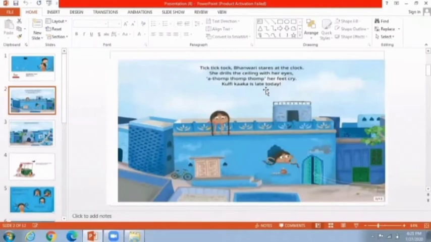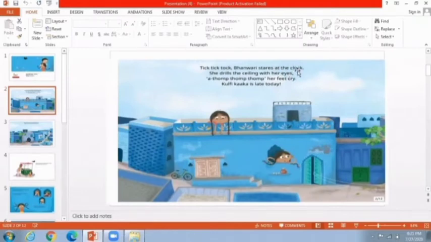So in the beginning of the story, we see that Bhauri was waiting for Kulfi wala. The sound tick tick tock simply indicates the clock. That means she was continuously looking at the clock. That day Kulfi wala was late. She drills the ceiling with her eyes.